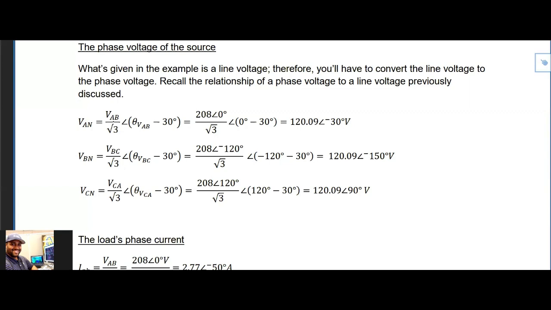So recall we have the line voltage. We're going to divide it by the square root 3. And remember that the phase voltage lags the line voltage by 30 degrees, which is why we're subtracting 30.